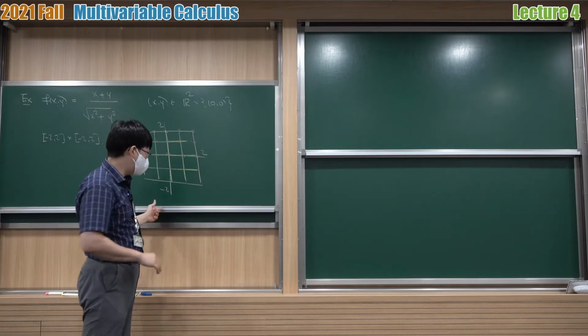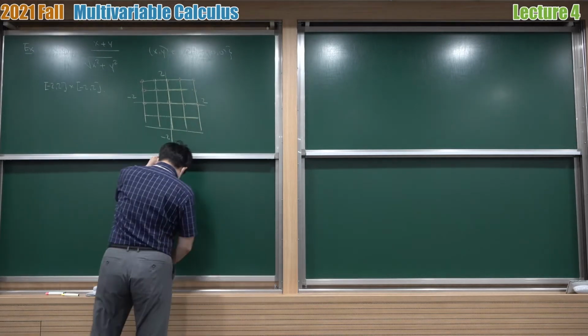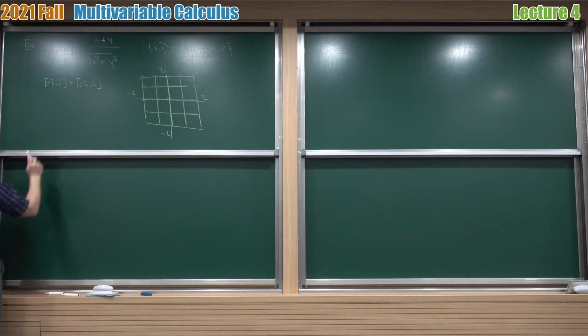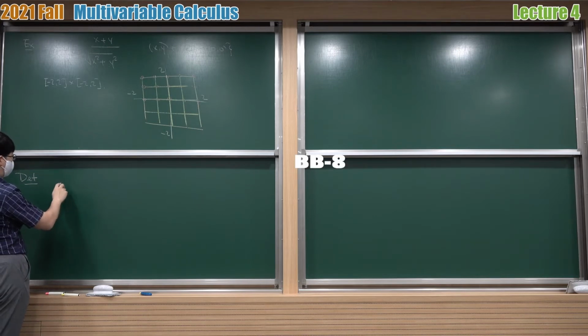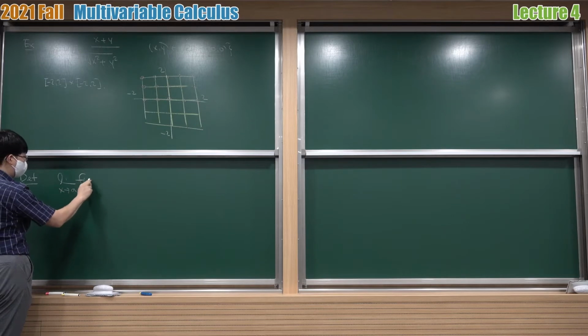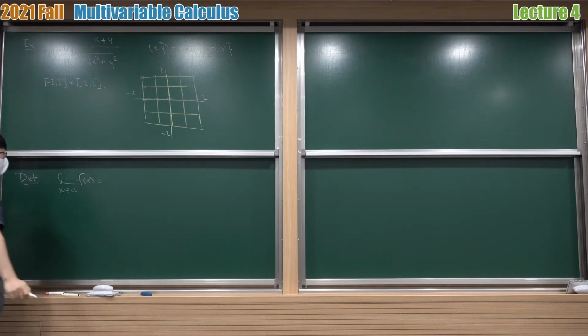So let's think about the concepts first. In a single variable function, the limit of a function when x goes to a is, how do you define it?